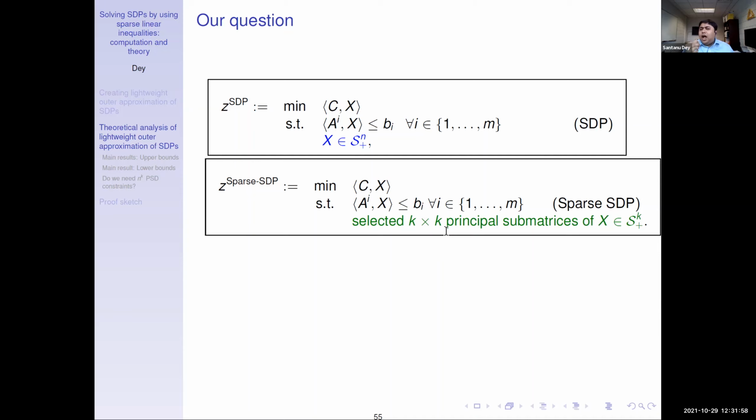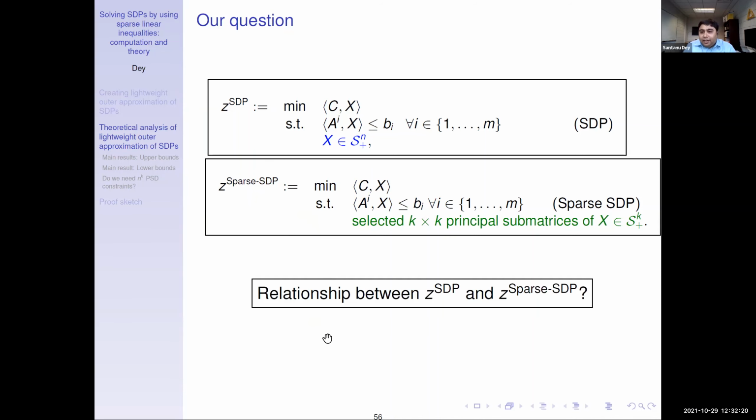I should have mentioned our sparsity level was about 25%. So if n is 200, 200 choose 50 is a very large number. We don't add that many cuts, so we're certainly adding cuts on some selected subsets. As I told you, at least experimentally, these two numbers seem to be the same, but are they? Can we understand the relationship?